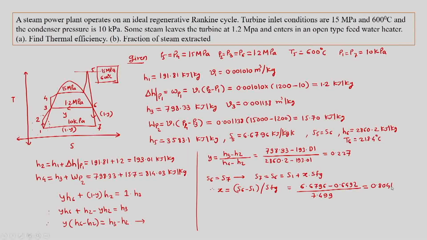This is the dryness fraction at state 7. We will move onwards and find the amount of heat added and the amount of heat rejected. The amount of heat added, Q in, is equal to H5 minus H4.